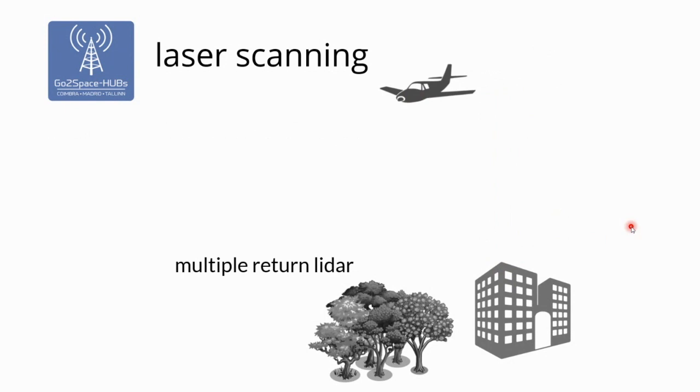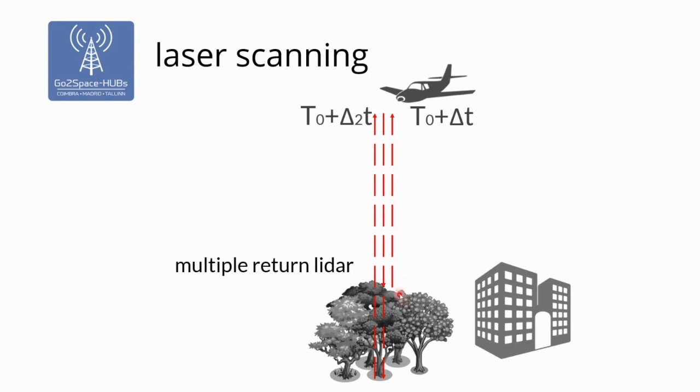Also, there are some quite important and useful advancements in laser scanning. We can, for example, register multiple returns, multiple signals returning from one emission. So here, for example, we can see that the first return was from the top of the tree, and the last return was from the ground.